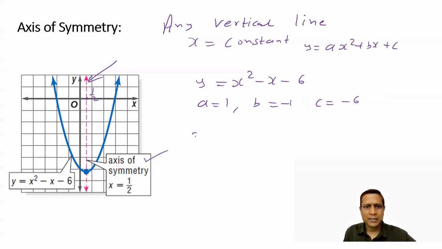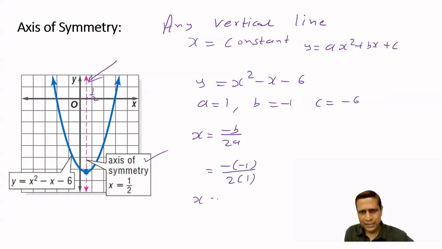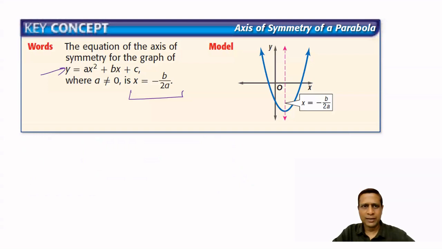So axis of symmetry is x is equal to negative b over 2a, which is negative of negative 1 over 2a, and 2a is 2. So what we get? x is equal to 1 over 2. And that was the axis of symmetry. Right? So this is how we get axis of symmetry. Negative b over 2a. We need to remember this.